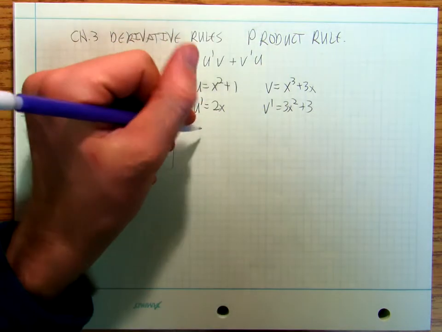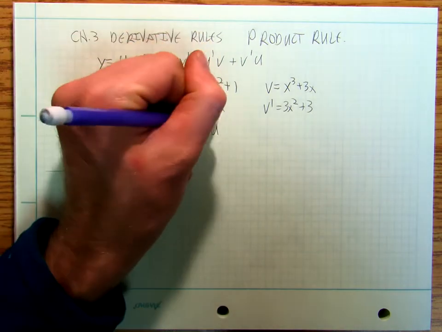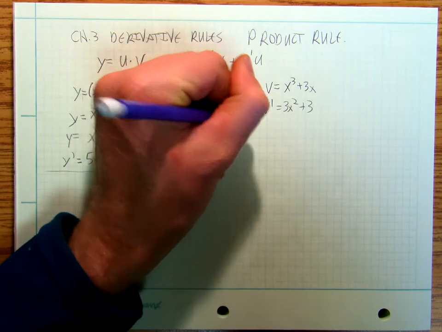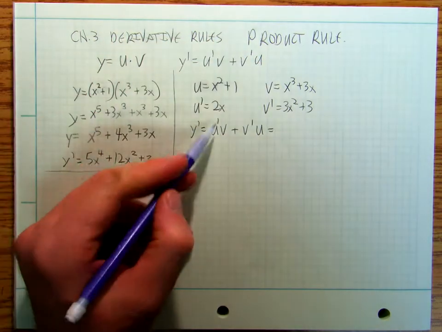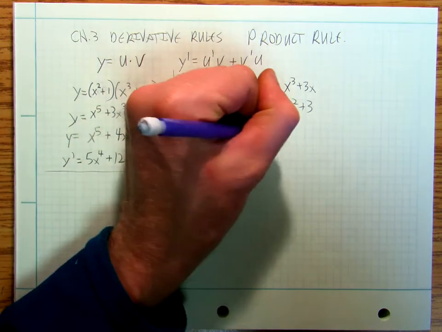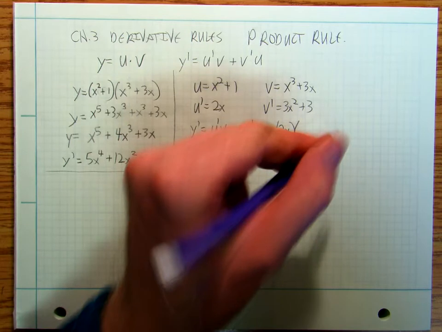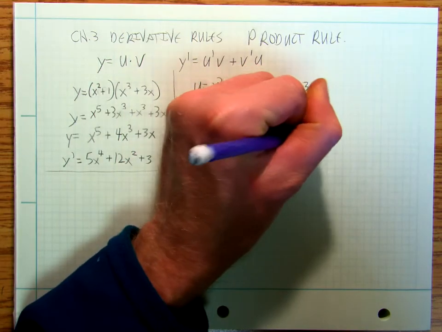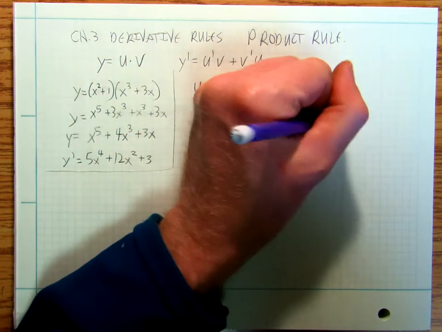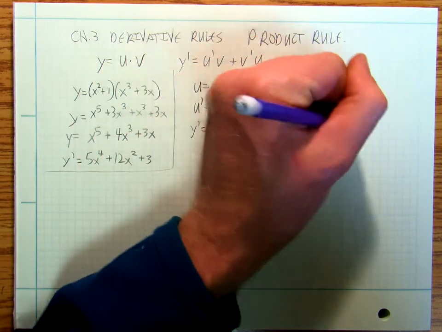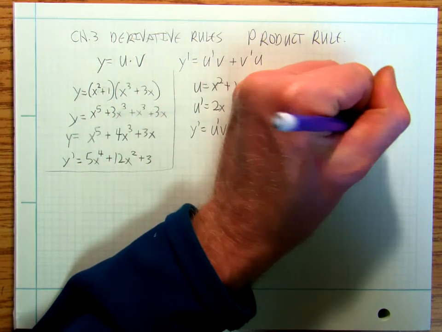And then we're going to say y prime is equal to u prime v plus v prime u. And so that's going to be my u prime is 2x, my v is x cubed plus 3x, plus my v prime is 3x squared plus 3, and my u is x squared plus 1.